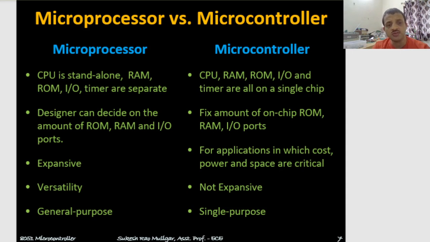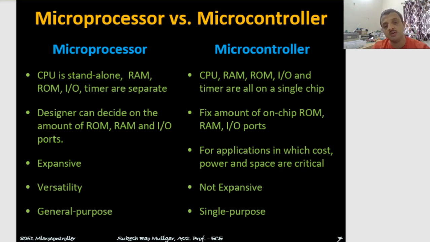A microprocessor will have a standalone CPU and separate RAM, ROM, and timer. Everything is separate because it has a strong, powerful processing unit. Whereas a controller will not be so complicated. Everything is on a single chip, where a processor is not.